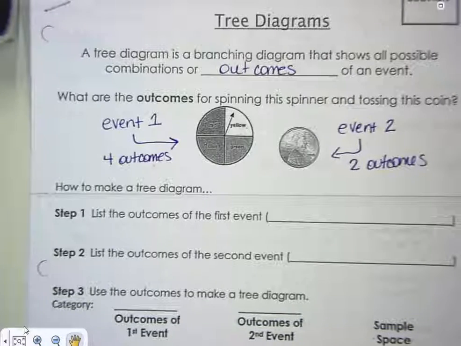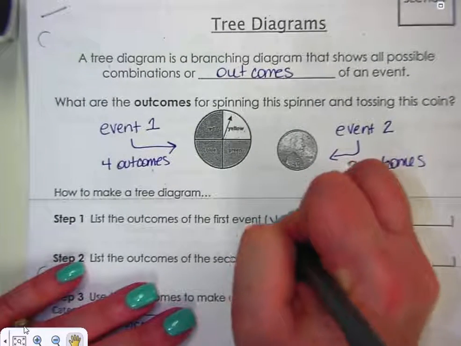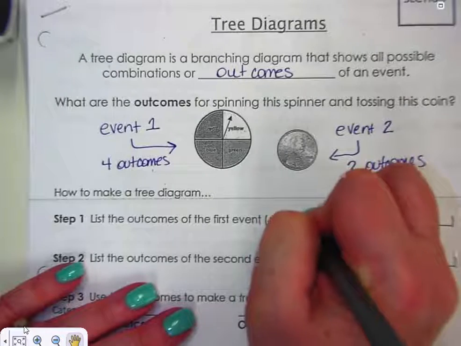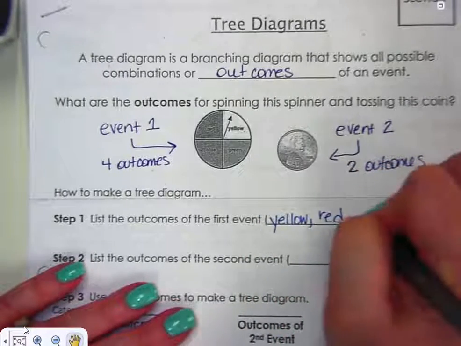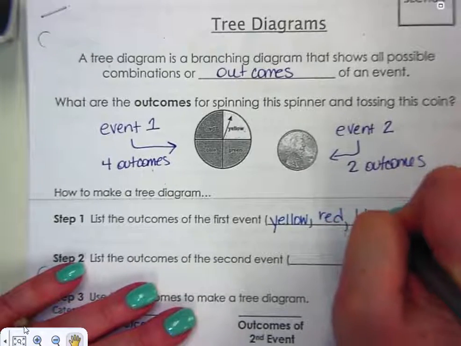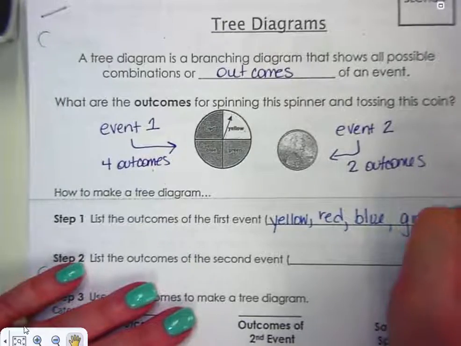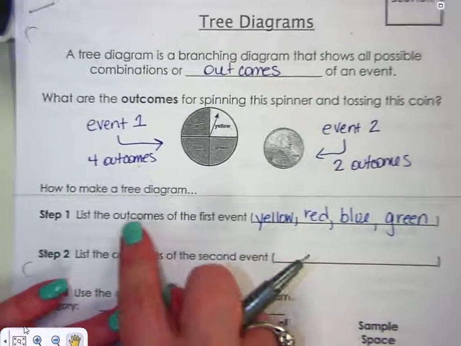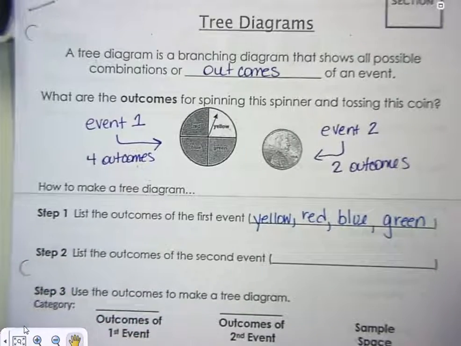Alexa, what's one outcome on spinning this spinner? Yellow. What's another outcome? Red. Another is blue. And the last possible outcome is green. So the first thing we would do when we make a tree diagram is list these outcomes.